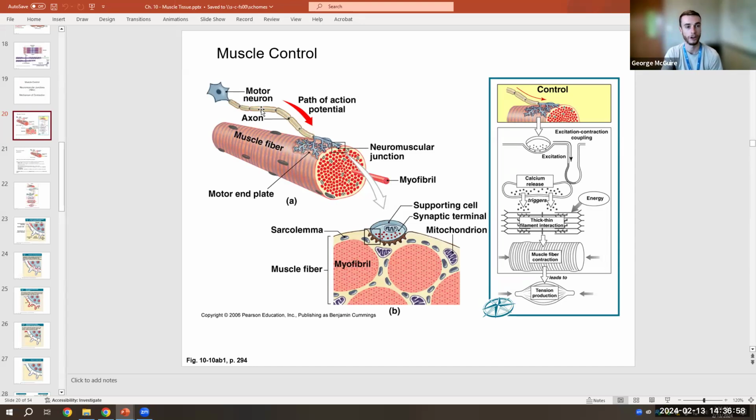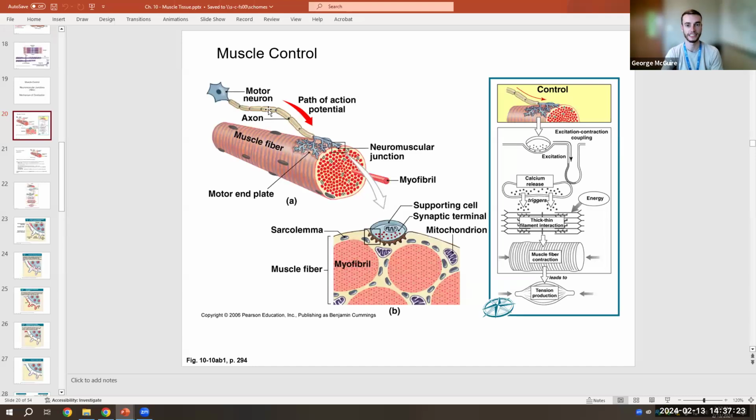So a motor neuron is a neuron that is innervating that muscle fiber. And where the axon of that neuron meets the muscle fiber is called the motor end plate. And they're typically branching in a lot of directions, so covering a pretty significant surface area at that axon terminal for this motor end plate.